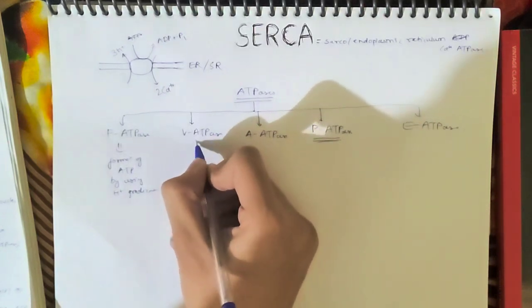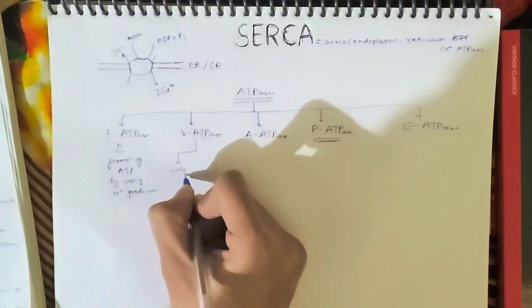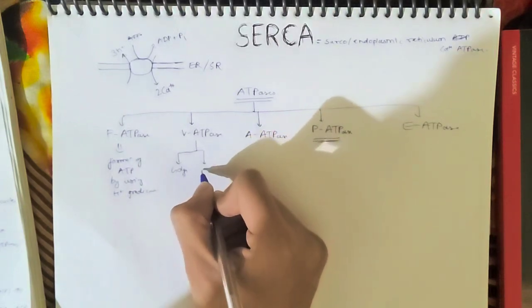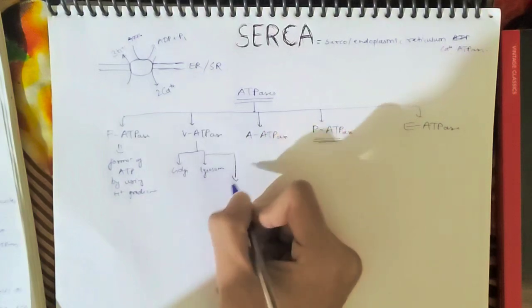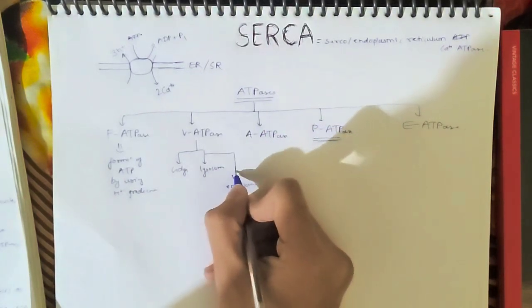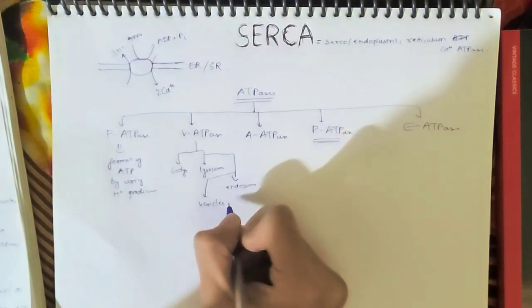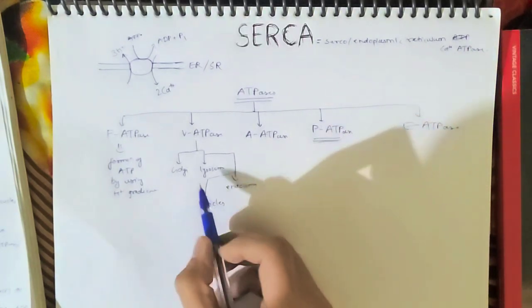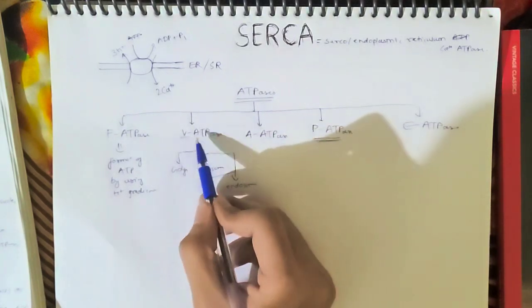V-ATPases are present in many of the organelles of the cell, like Golgi body, lysosome. They are also present on endosomes and vesicles and vacuoles.